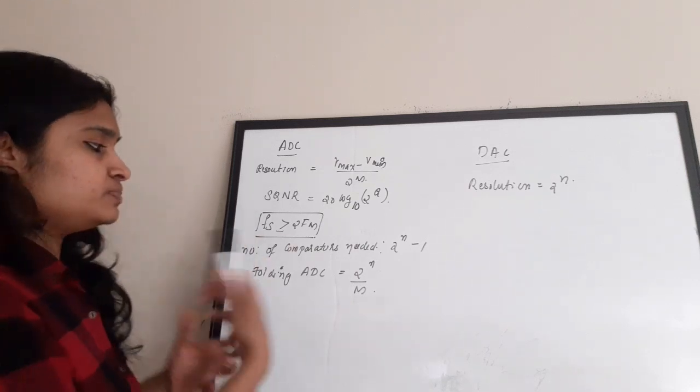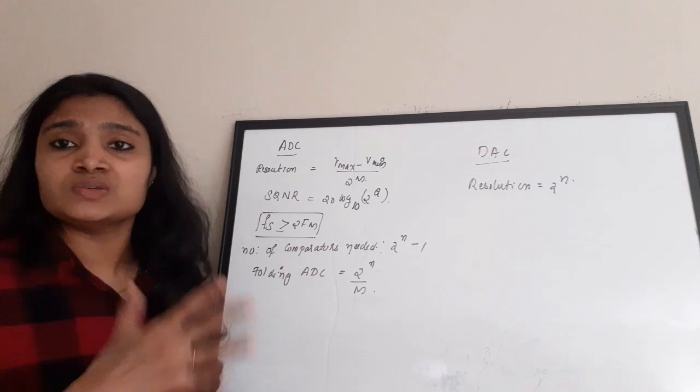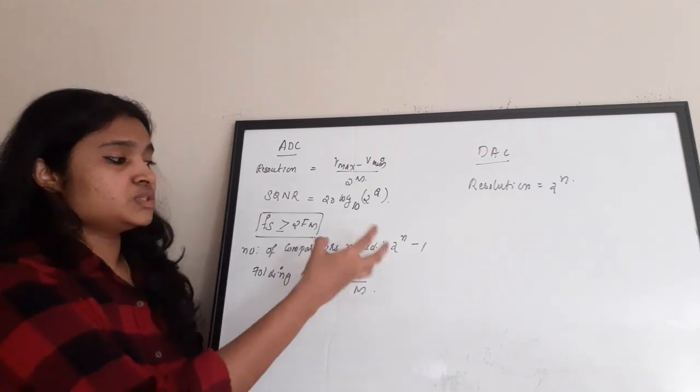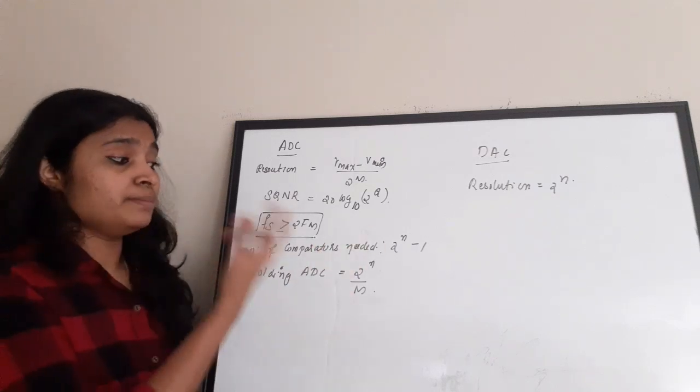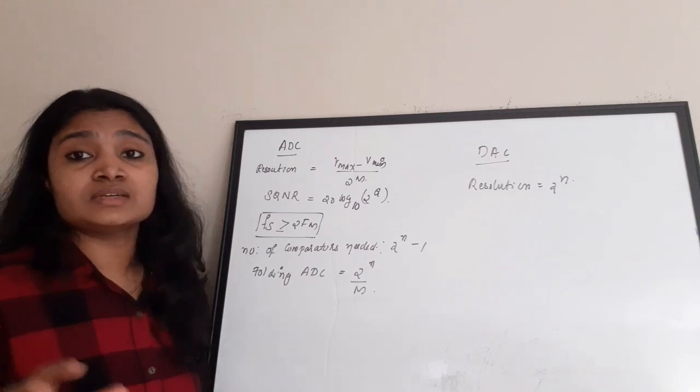The purpose of a folding ADC is actually to reduce the number of comparators: 2 raised to n by m, where m is the number of folds.